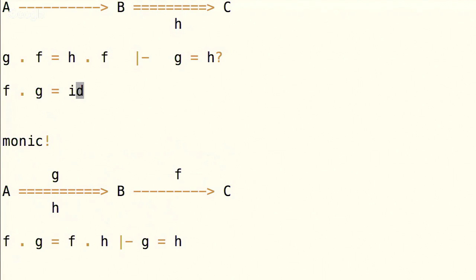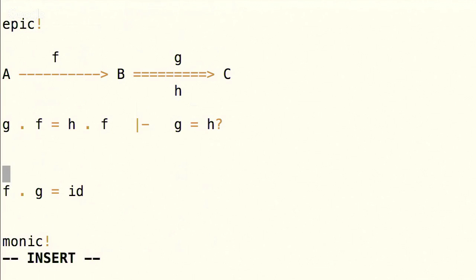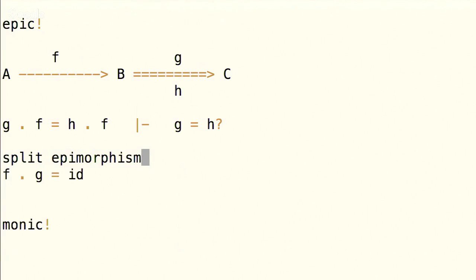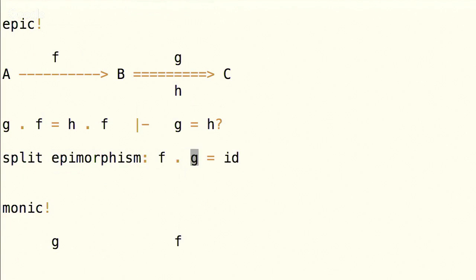If G can only put one thing in each one of the distinct places that F has that's going to produce each output, then we're automatically epic. And we call this thing a split, this is a crazy term, a split epimorphism. And I lose everyone in the room. What we're looking for is a sort of right inverse to F.